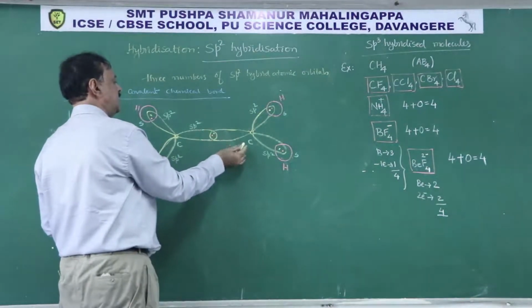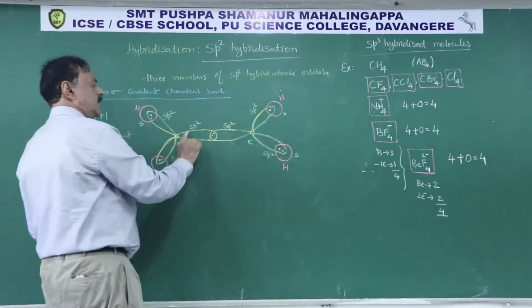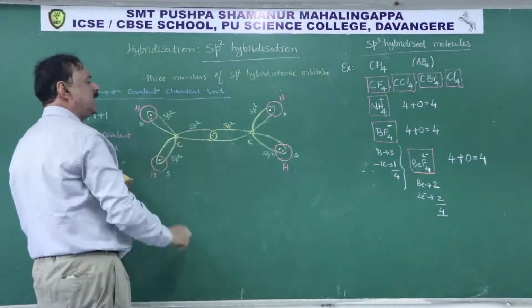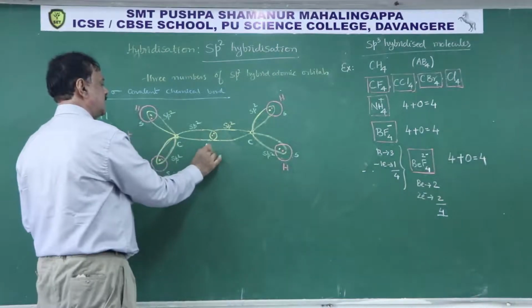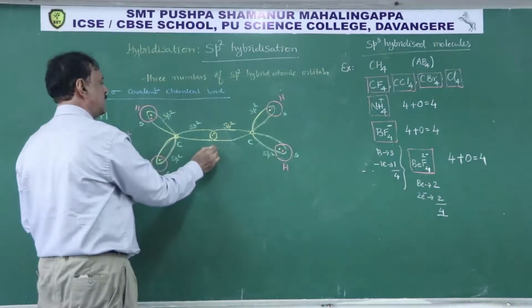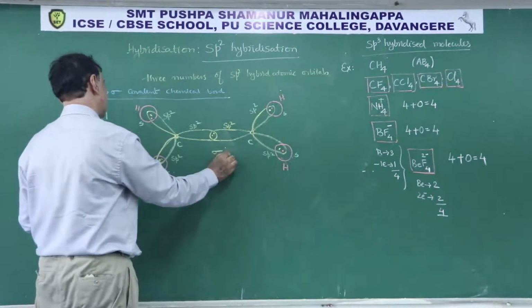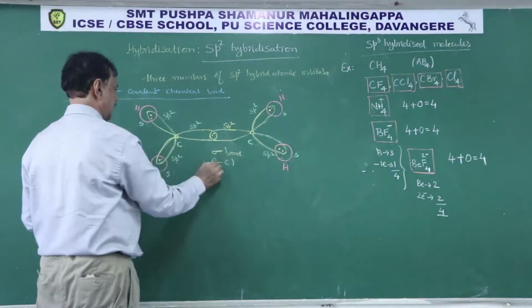Now sp2-sp2 overlapping, where sp2 stands for carbon, leads to the formation of a carbon-carbon sigma covalent chemical bond. This is also a sigma bond.